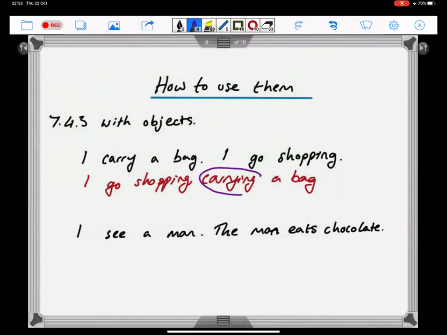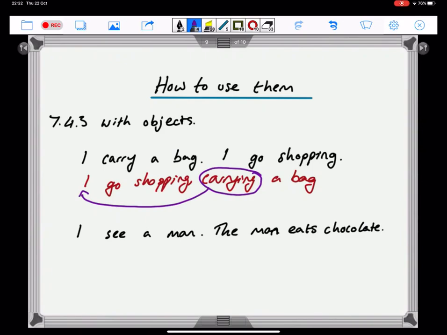Carrying is now an adjective describing me. Carrying a bag isn't a phrase in its own right. It's not a sentence in its own right. There is no main verb there. I go shopping is your sentence. Carrying a bag is an adjectival phrase describing me.